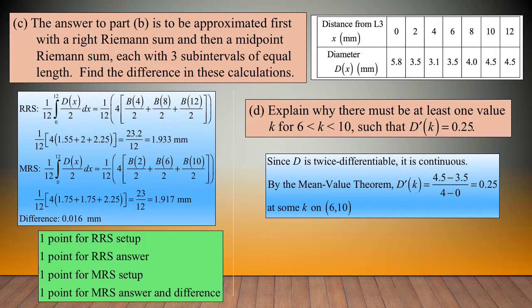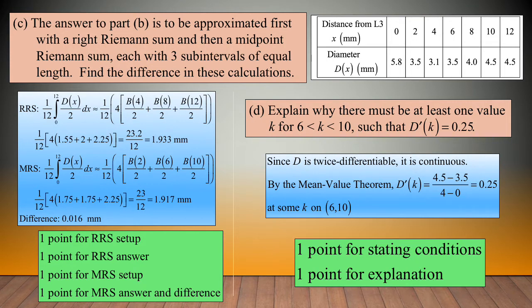So the mean value theorem applies, and therefore d prime of k must equal (4.5 minus 3.5) over (4 minus 0), which is equal to 0.25, at some k on (6, 10). 1 point for stating the conditions of the mean value theorem, and then 1 point for the explanation.